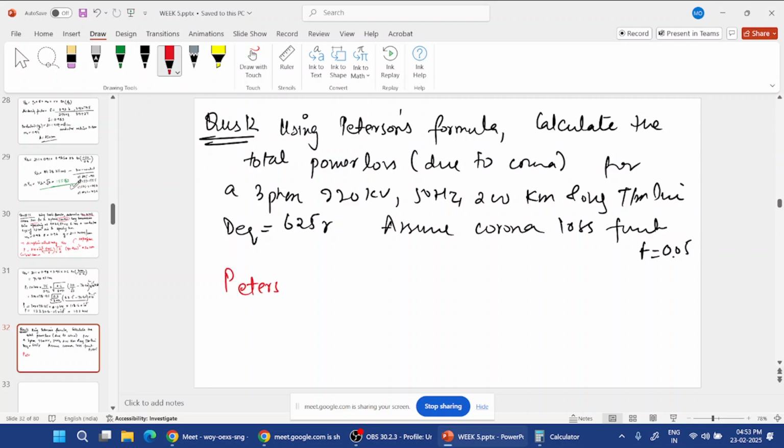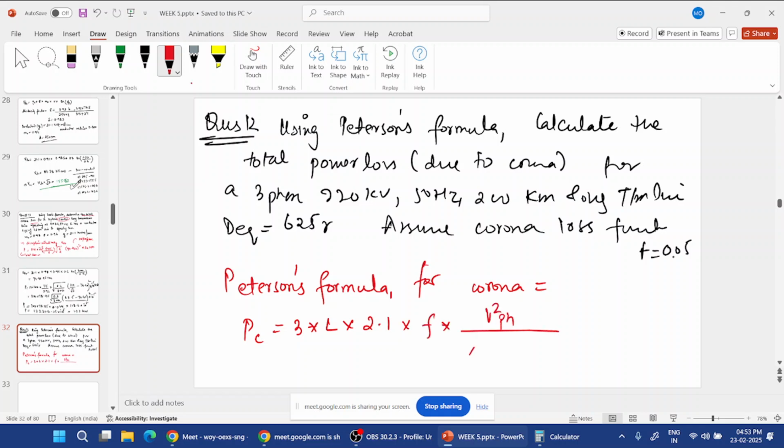Peterson's formula for corona loss is PC equals 3 into L into 2.1 into F into V phase square divided by log D by R whole square into F into 10 raised to the power minus 5 kilowatt.